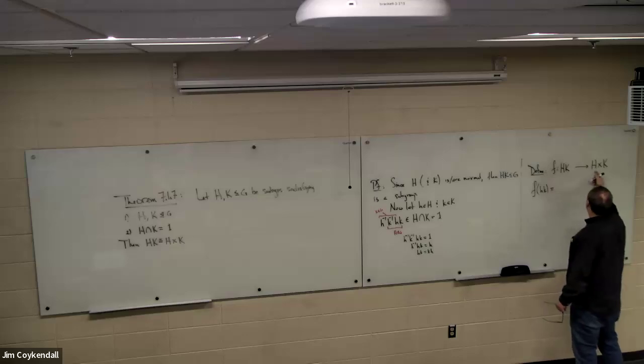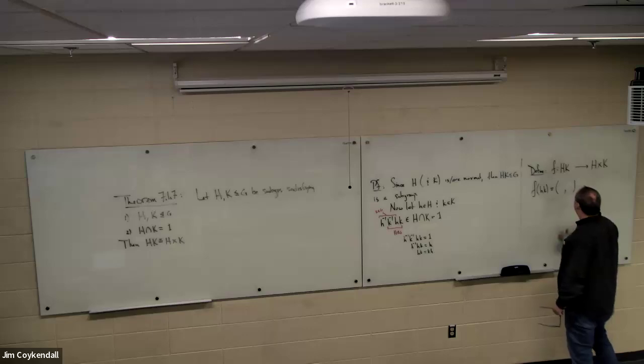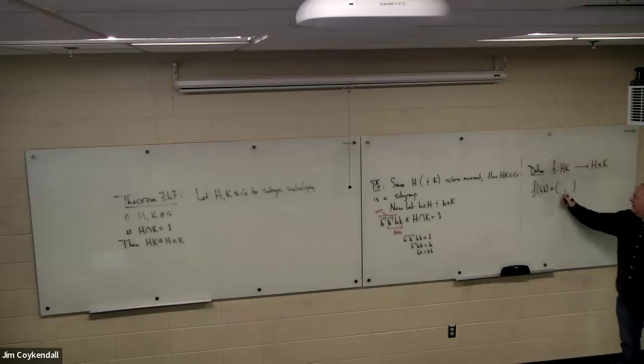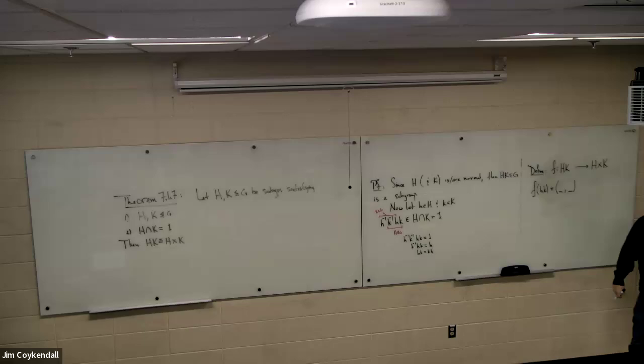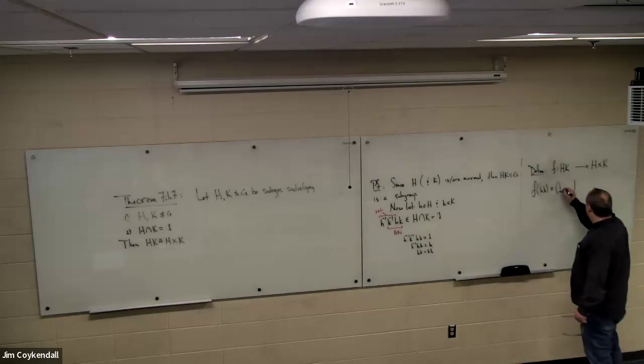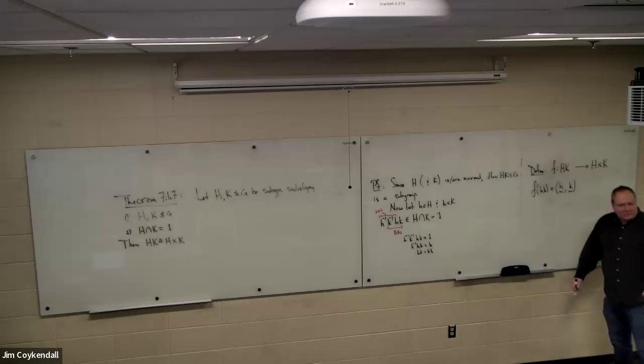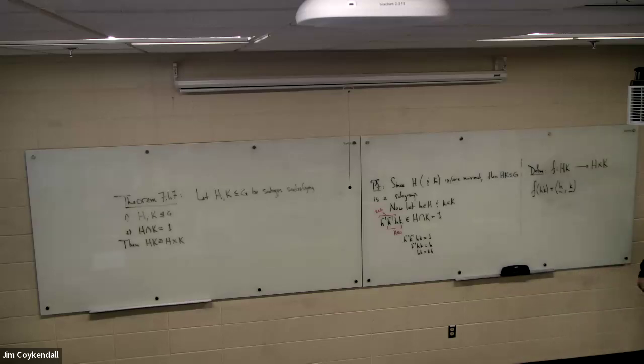My output needs to be in H cross K, so it needs to be an ordered pair, right? First entry in H, second entry in K. Agreed? What's the easiest thing that I can do given my parameters here? Do you think? Yeah, well, I'm dying to do that, aren't you? Just do it that way, right?